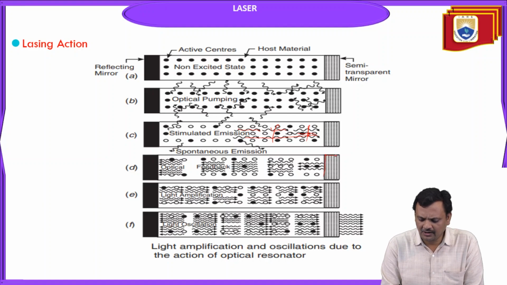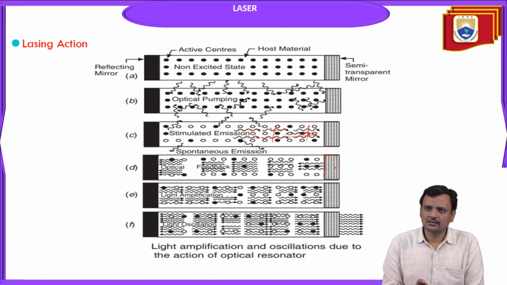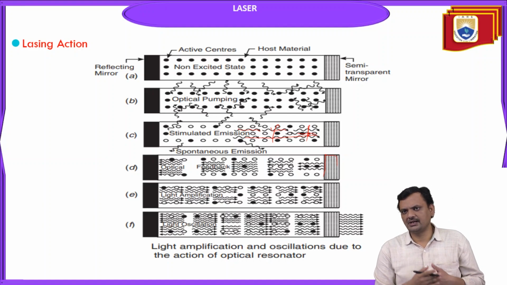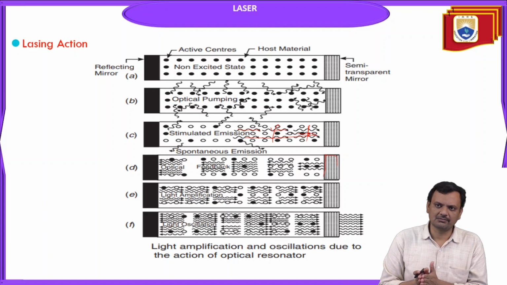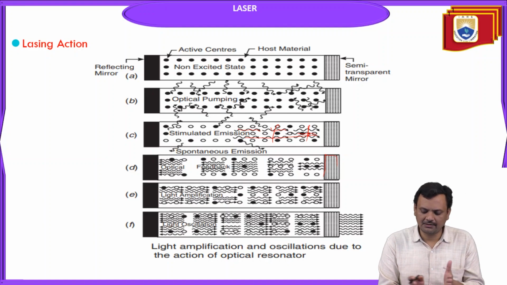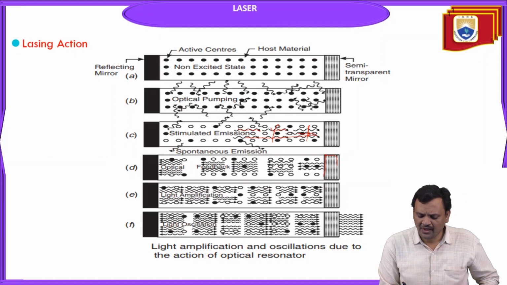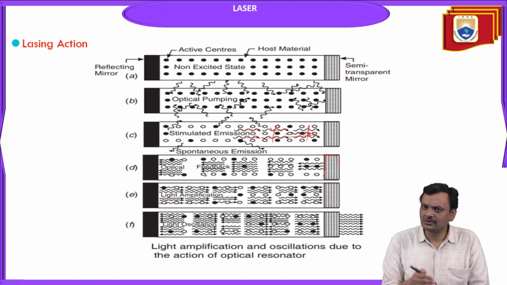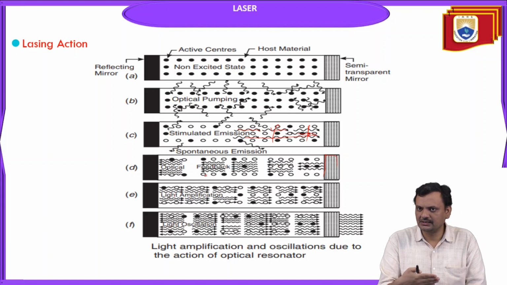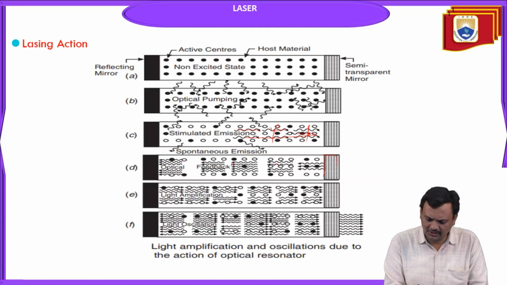Here a partially reflecting mirror is present. Upon incidence on this partially reflecting mirror, these photons reflect back into the system, and again they do the same thing, increasing their number by the stimulated emission process, traveling in a unique direction and reaching this end.